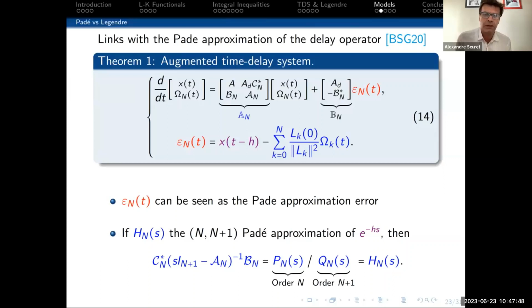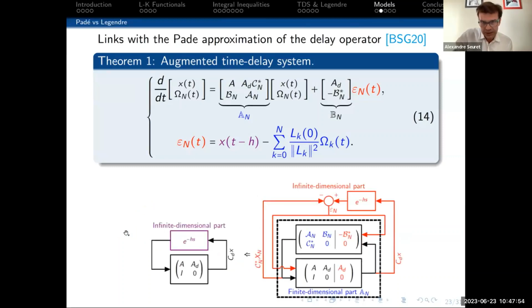of the delay operator. So this can be seen as follows, let's say, that you are replacing this delay operator with something that depends on some matrices. So these are the dynamics of the projection, and you do some kind of error.